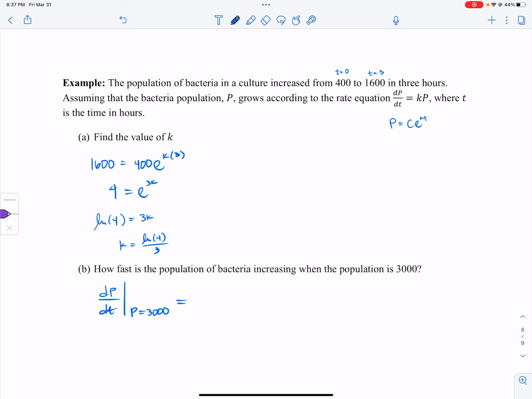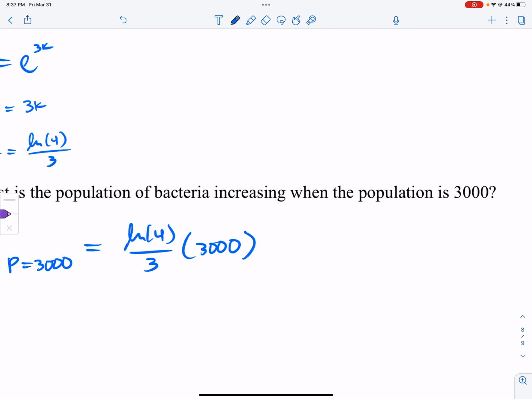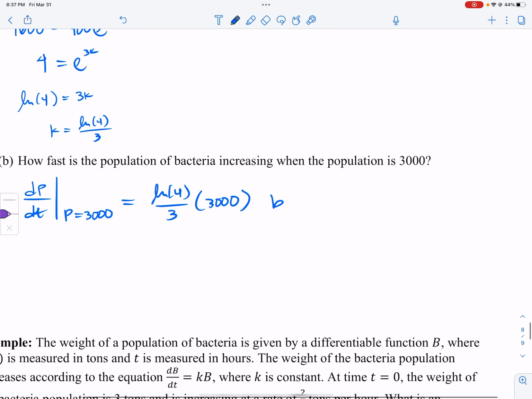That's going to be k, which is natural log of 4 divided by 3, and then times 3,000. And the units will be bacteria per hour.